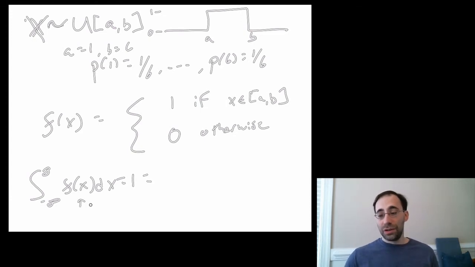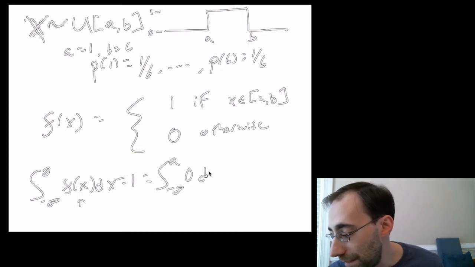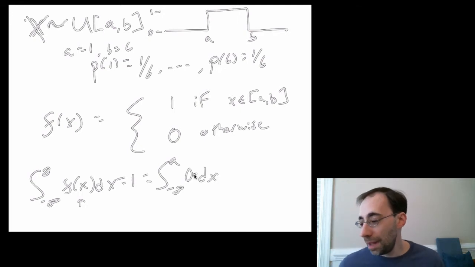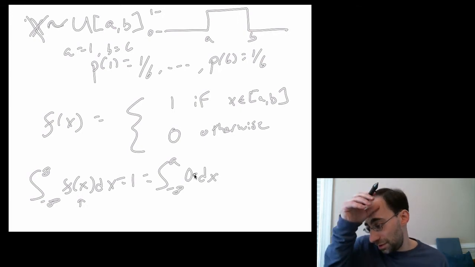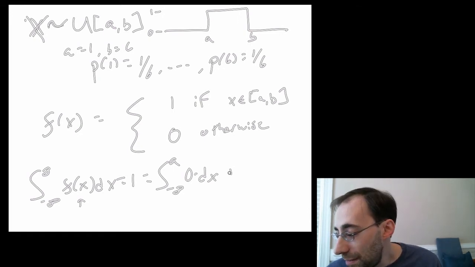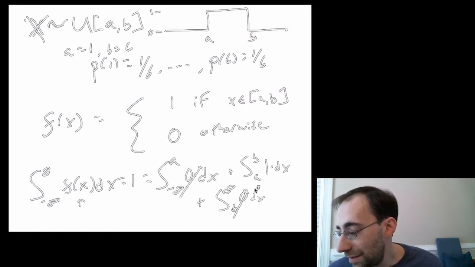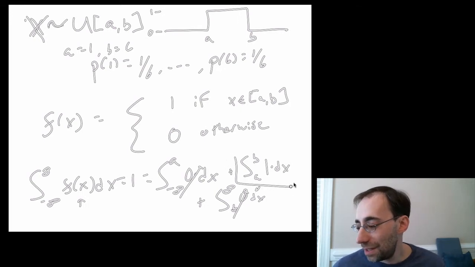So we're going to split up the integral at a, and there's going to be 0 there. We're just adding zeros, they stay 0. Then we have the middle part that goes from a to b, and there's going to be 1 there. And then we have the end part, which goes to infinity from b, and that's again 0. We'll get rid of these, and we're left with this thing over here.